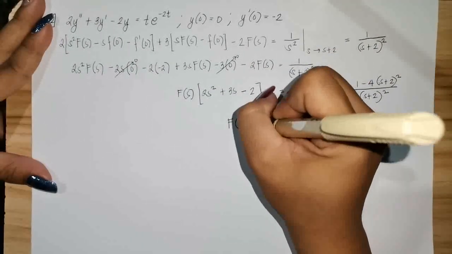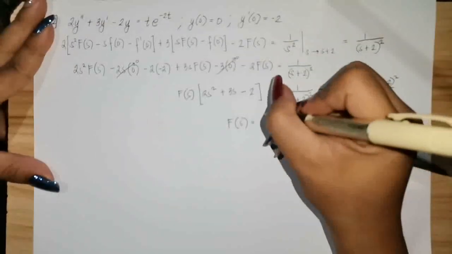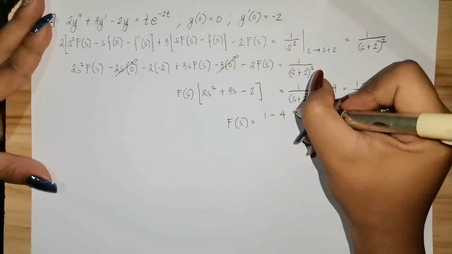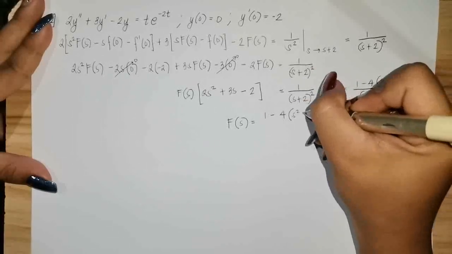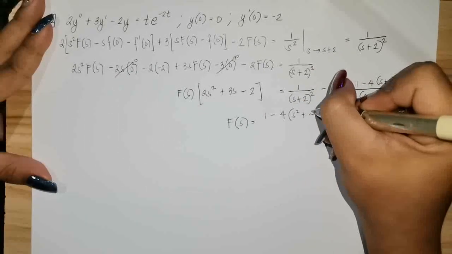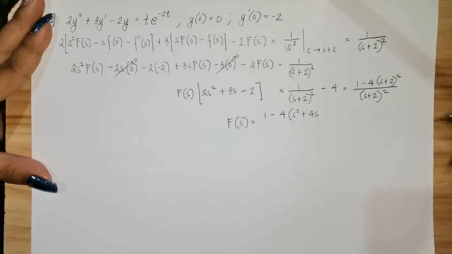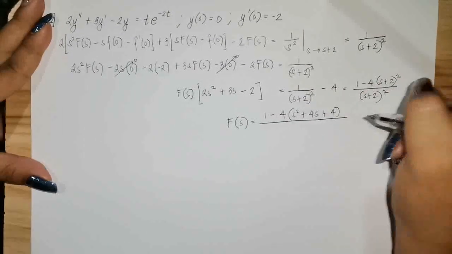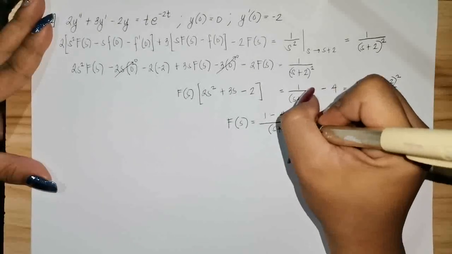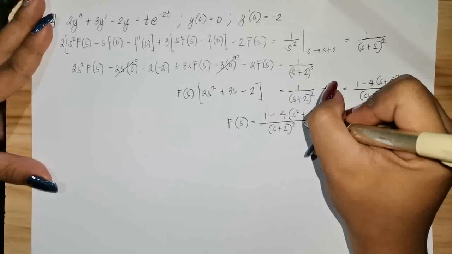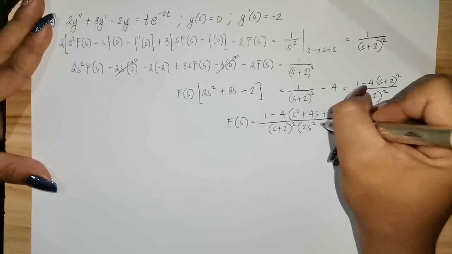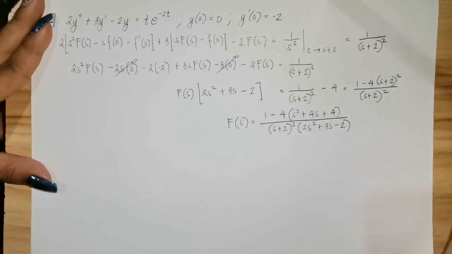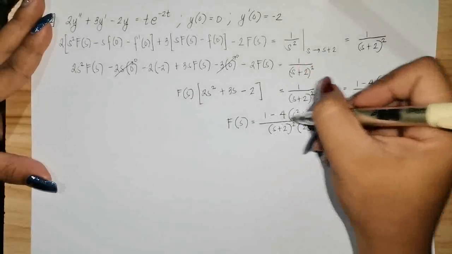So, the f of s now is 1 minus 4. Simplify the s plus 2 squared. That is s squared plus 4s plus 4 over our denominator now is s plus 2 squared multiplied to 2s squared plus 3s minus 2. Simplify your numerator.